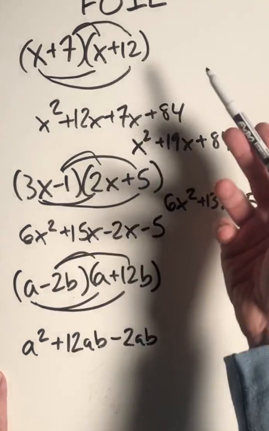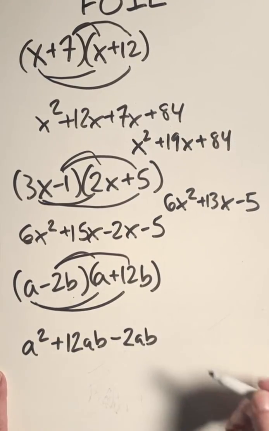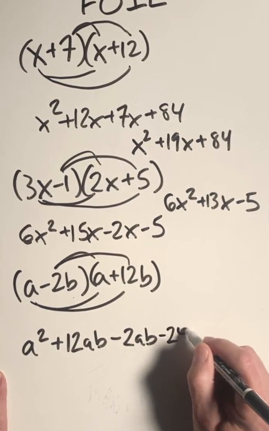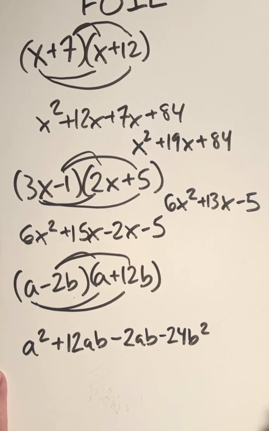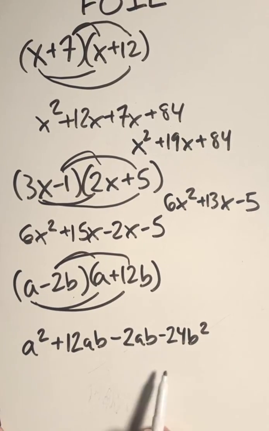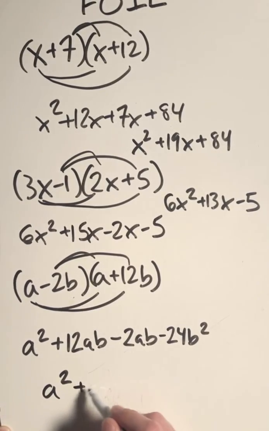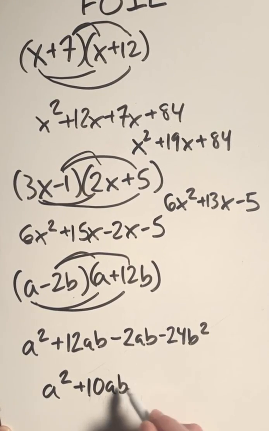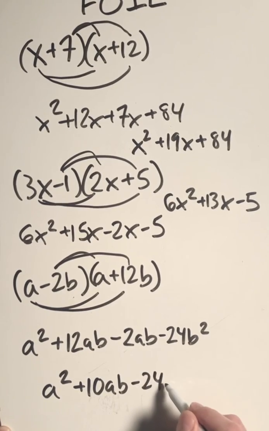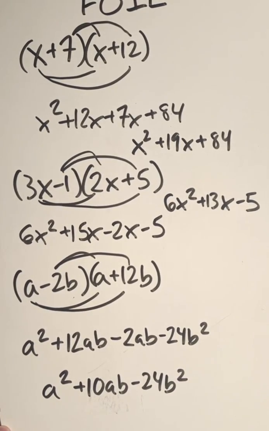Negative 2b, the last terms, times positive 12b would be negative 24b squared. Again, I need to combine the like terms in the middle. A squared plus 10ab minus 24b squared.